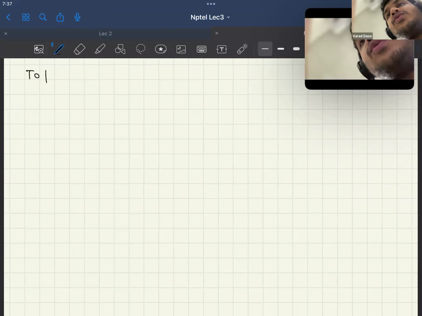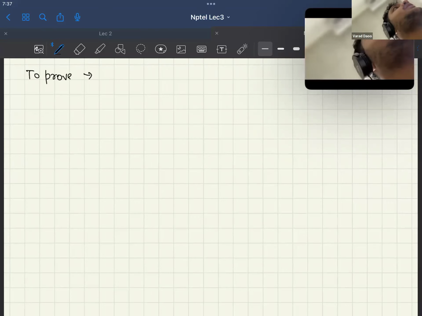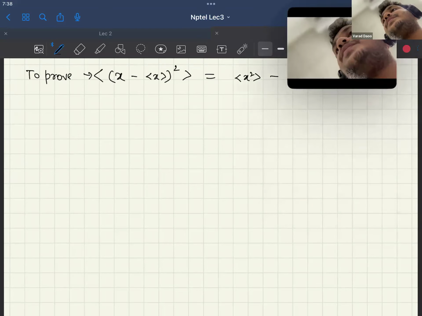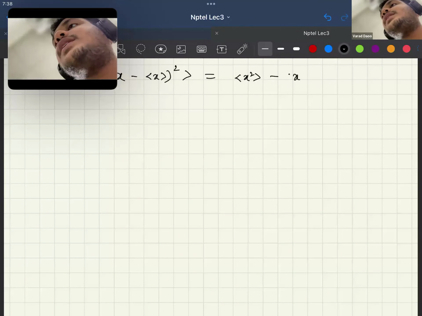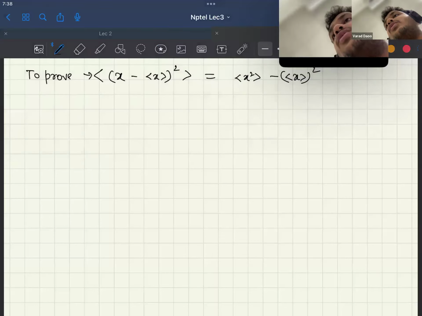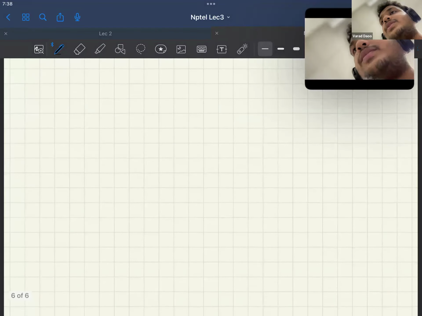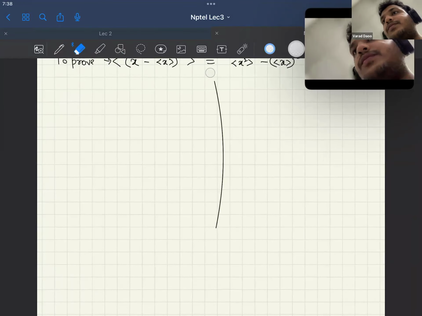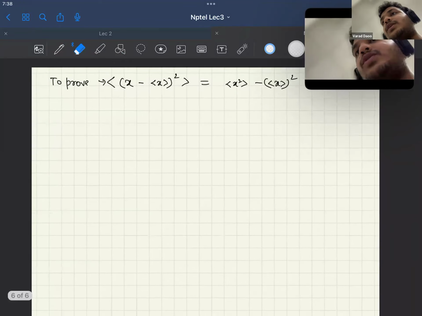To prove, we have to prove that the average of (x minus average of x) squared is equal to the average of x squared minus the average of x, squared.